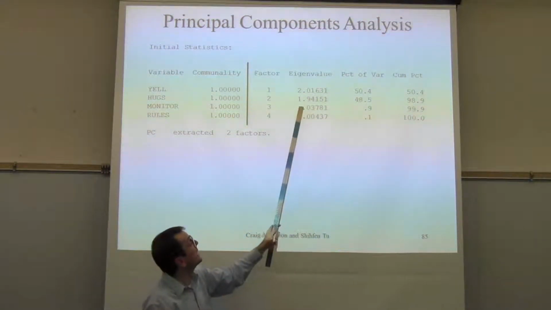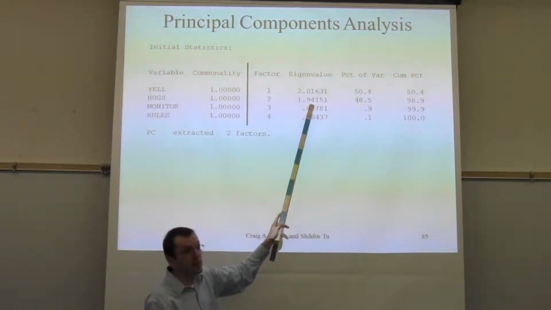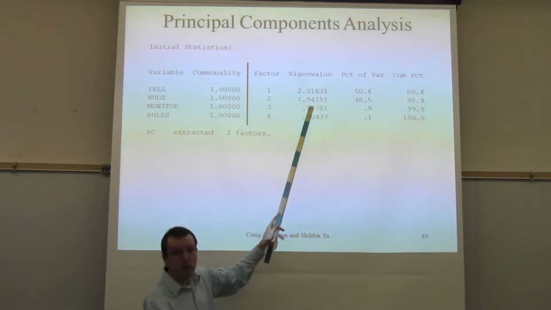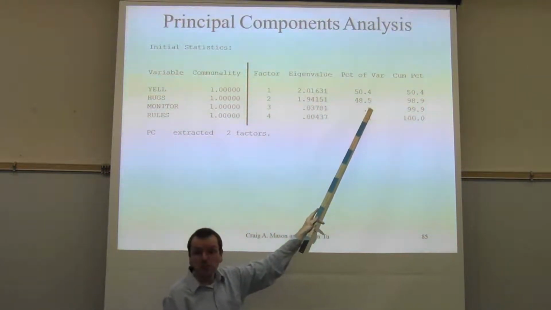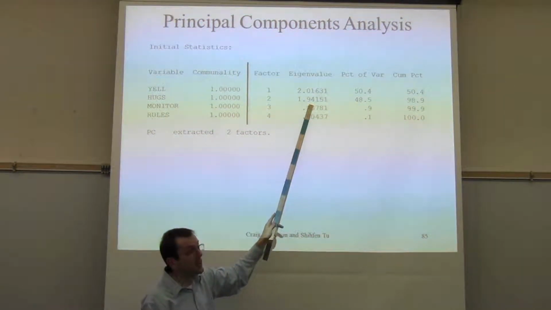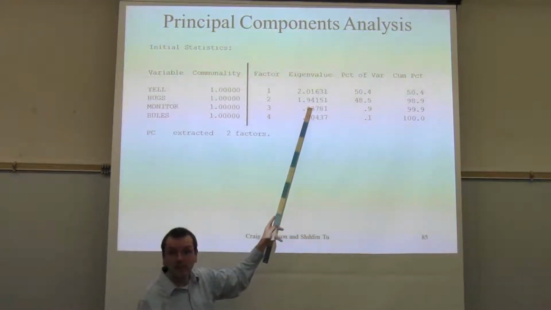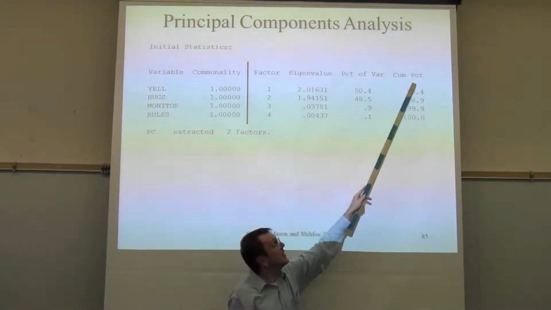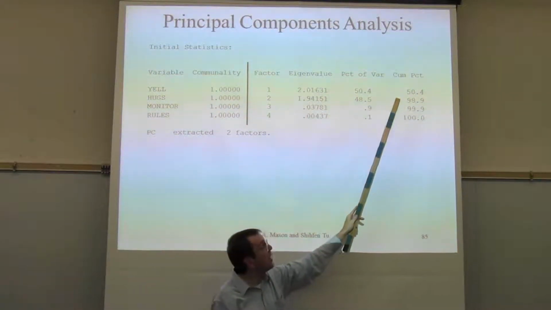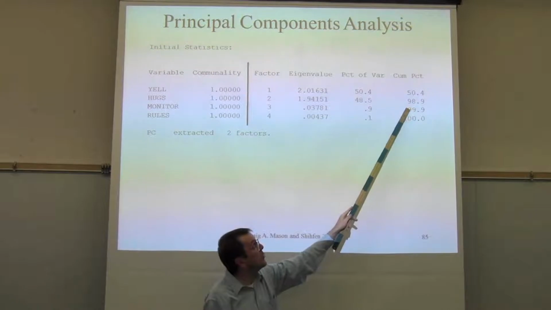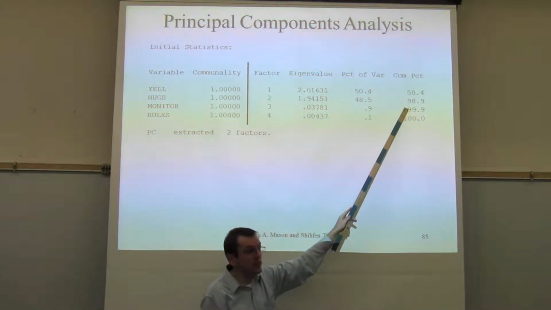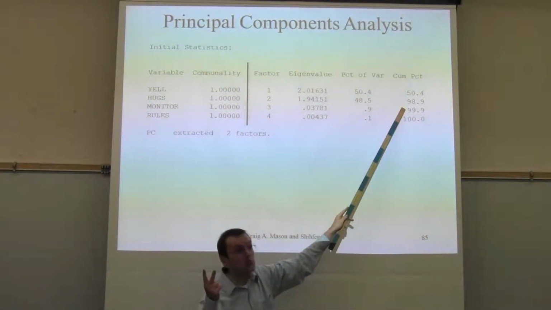Our second factor has an eigenvalue of 1.94. Divide that by 4, we get 48.5%. So again, almost half the information is in the second box, that second factor. Cumulative here just tells us as we're going along. With the 2 factors now, we've got 98.9% of the information with two factors.